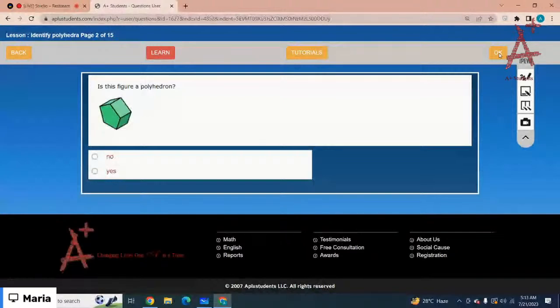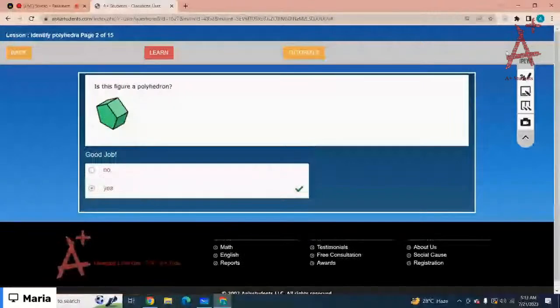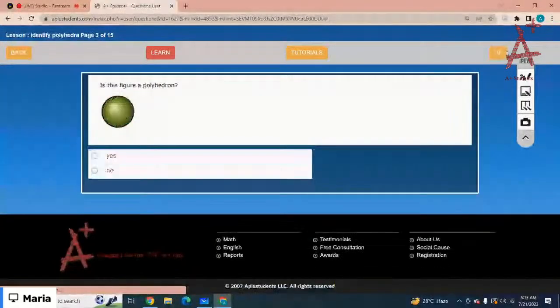Yes, it is a polyhedron. Is this figure a polyhedron? No, this is a sphere.